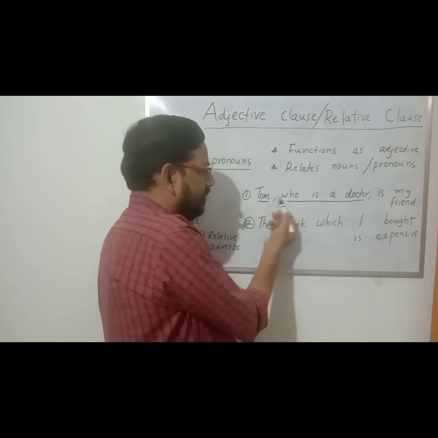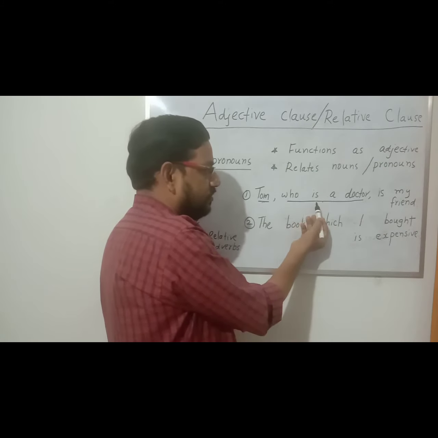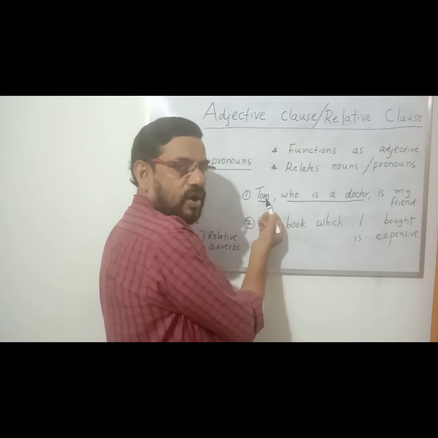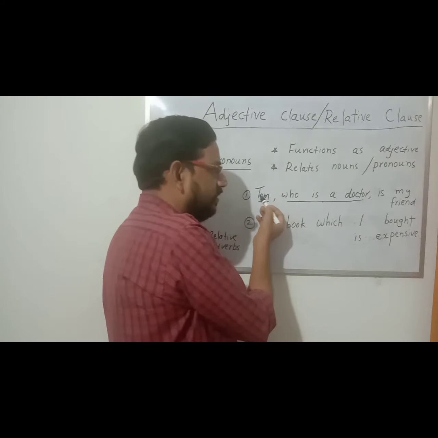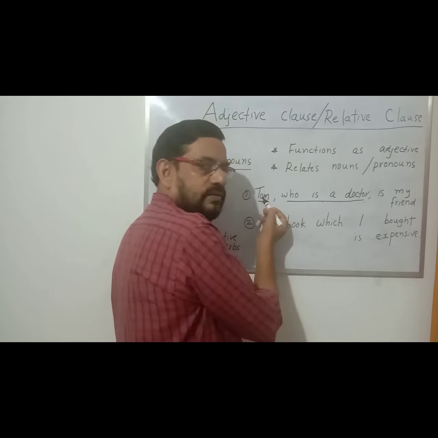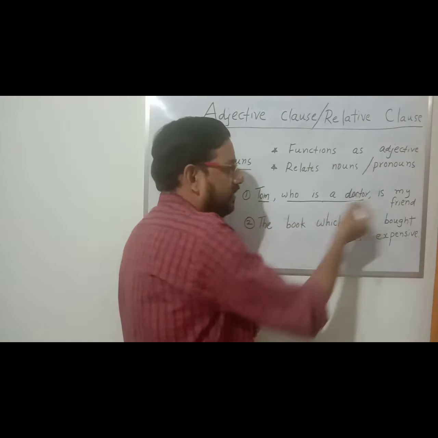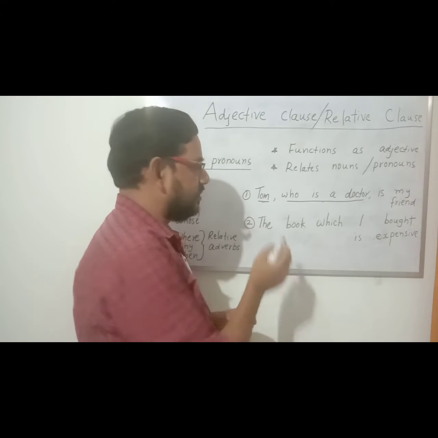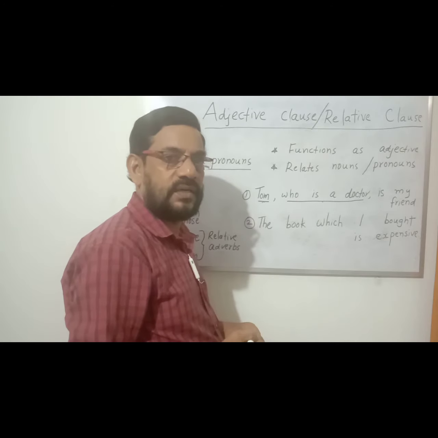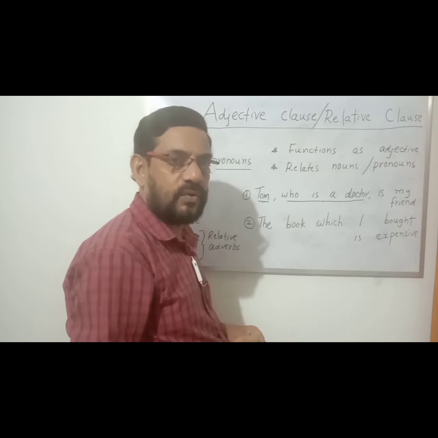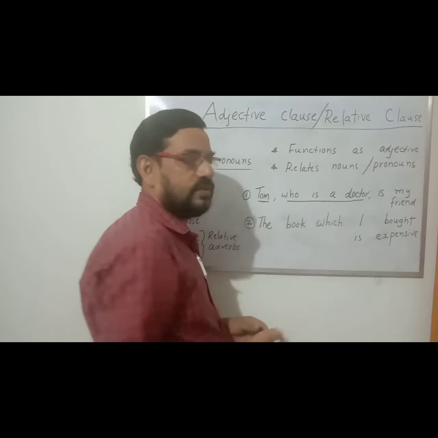Because "who is a doctor" is used to relate Tom to this part, "is my friend," or relating this word Tom in this sentence. So this noun relation or noun specification is done here using a clause, that is, an adjective clause.